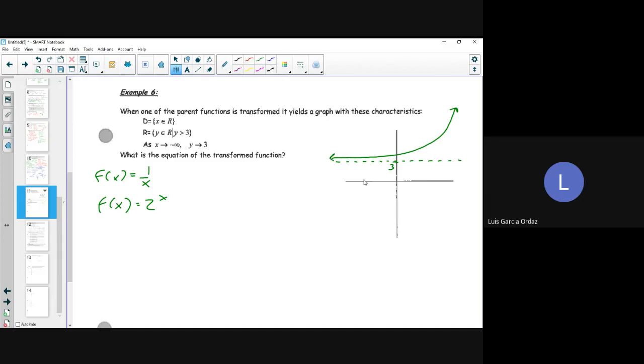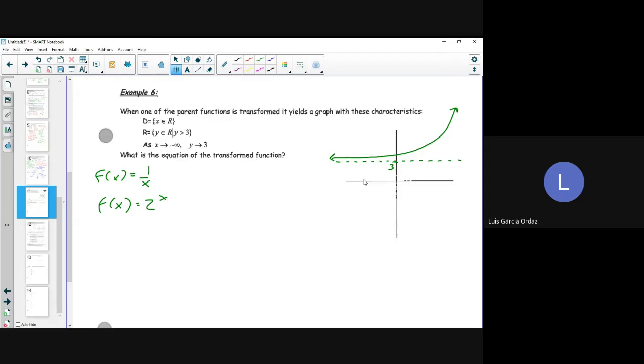Wait, what? So we have to look at each coordinate by itself? As x approaches the negative numbers on the left side, the graph approaches 3. That's where the asymptote is. So then why wouldn't it just go up? It would go up. From left to right, it keeps going up.